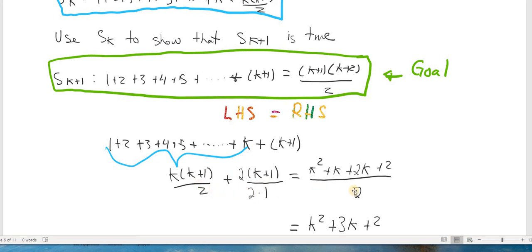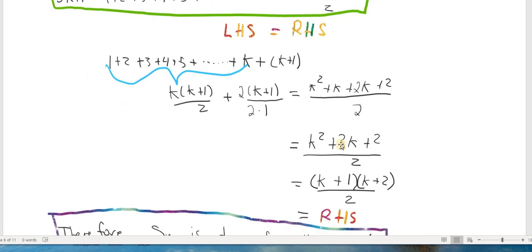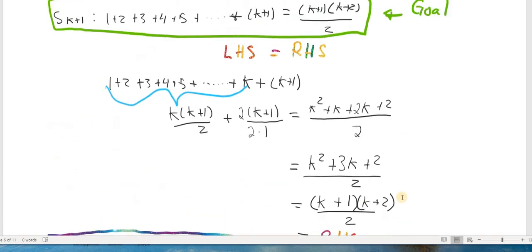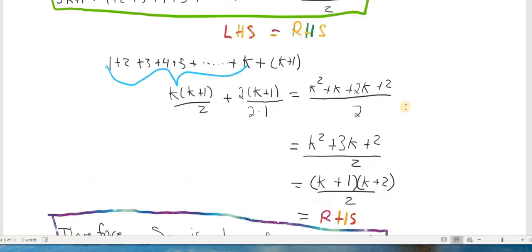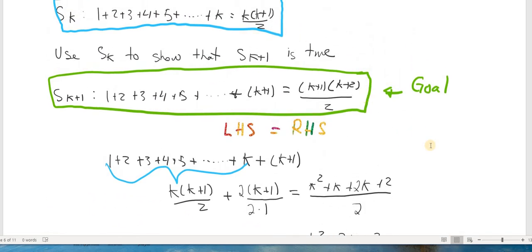So now the 2 is in the denominator. Multiply this out, and it gives you this expression. Combine like terms: k squared plus 3k plus 2. This factors into (k plus 1)(k plus 2) over 2, and that's exactly what I was supposed to get. That was the goal. So we used the blue box to get the green box.